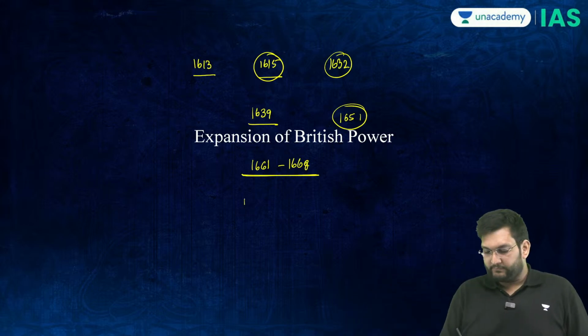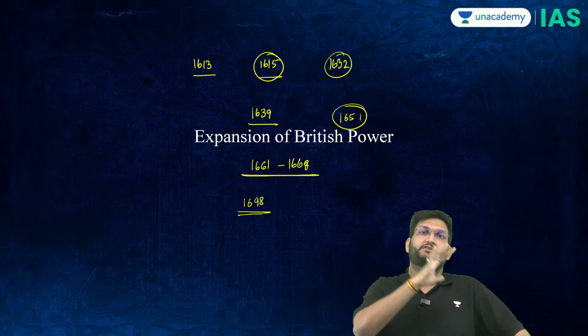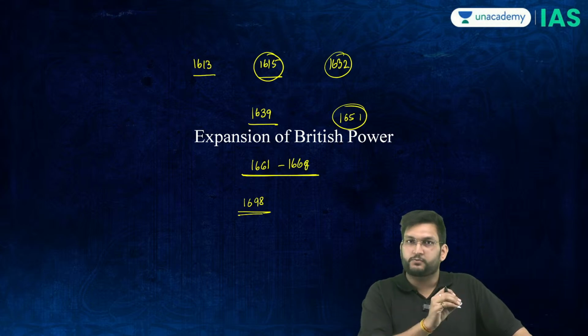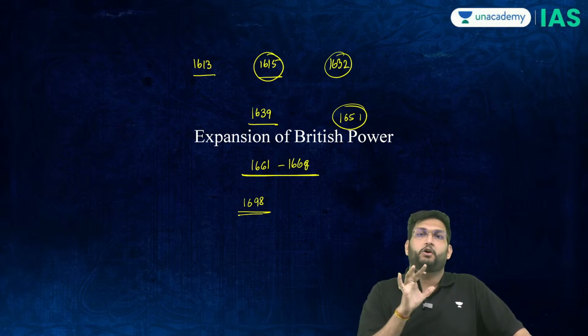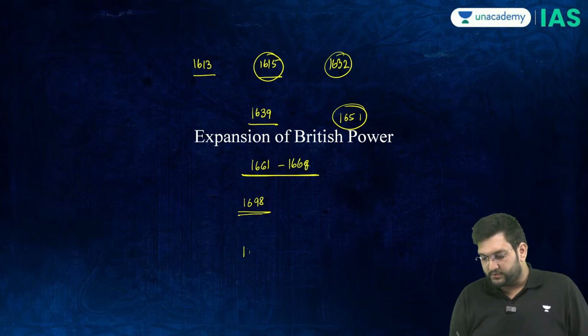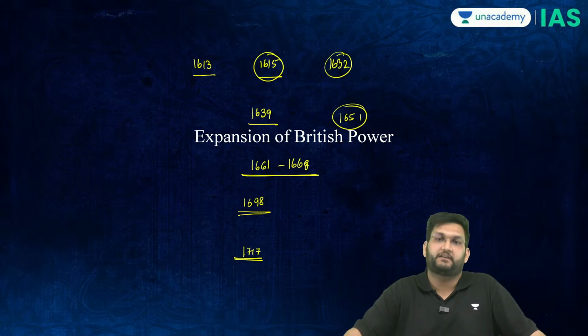And thereafter, by 1698, with a small skirmish and an issue with Aurangzeb, they will be restored most of the Shah Shuja Farman understanding, which is for 3,000 rupees they can trade in Bengal duty-free. Thereafter comes the most important Farman and our entry point into this topic, which is called the 1717 Farrukhsiyar Farman.